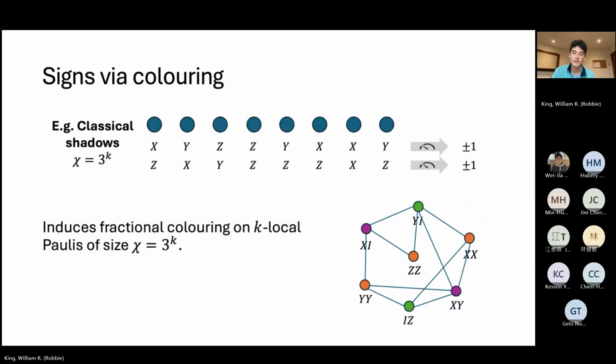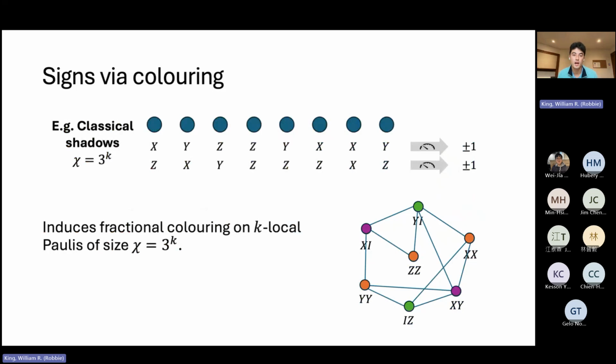Right. Okay, so something to note is that this classical shadows protocol, which people might be familiar with, where you pick a random Pauli basis for each qubit, can actually be seen as an example of this formalism. So when I pick a random x, y, and z for each qubit, this is implicitly defining an independent set on the set of all Paulis, because it's saying which Paulis are diagonalized by this basis.